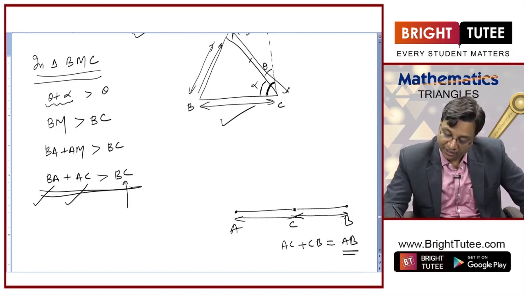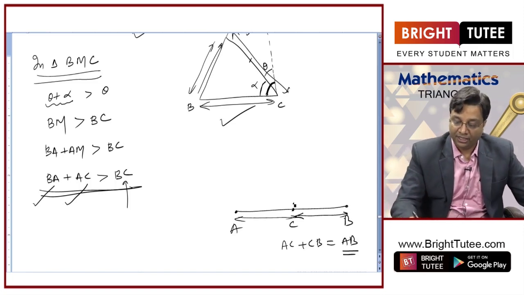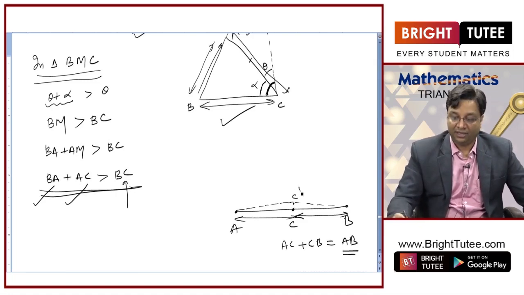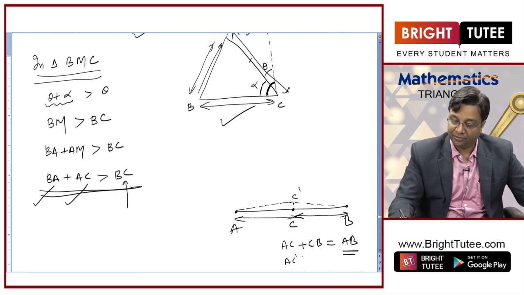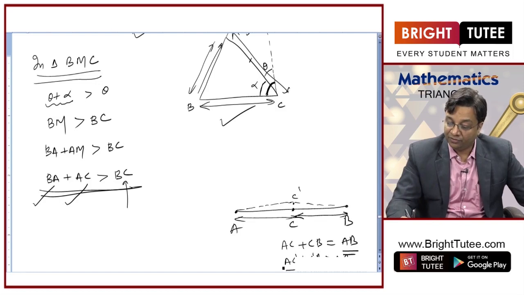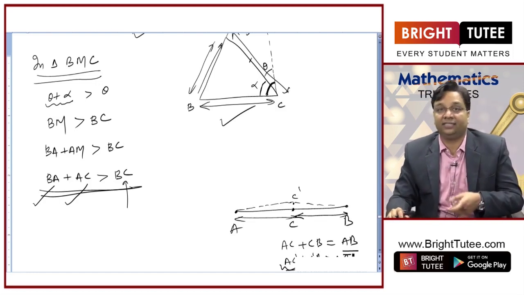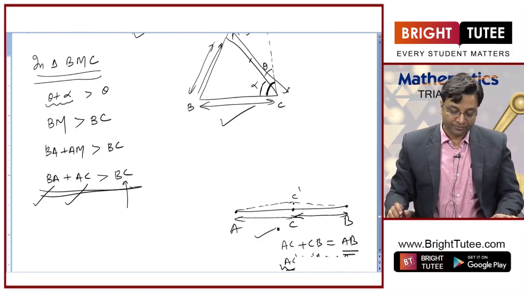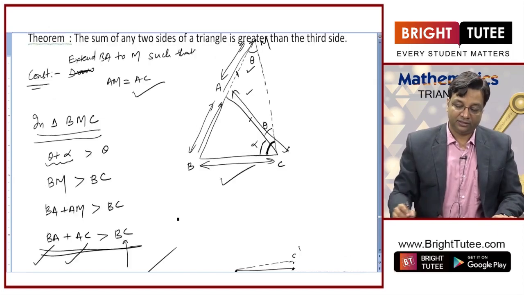Now if I take this point so that it is not on this line, only in that case a triangle will be made. Let us say this is C dash. Now you can say that AC dash plus C dash B will be greater than AB. So when the sum of two sides is greater than the third side, only in that case a triangle can be made. Otherwise a triangle will not be possible. So you can prove it in this way.